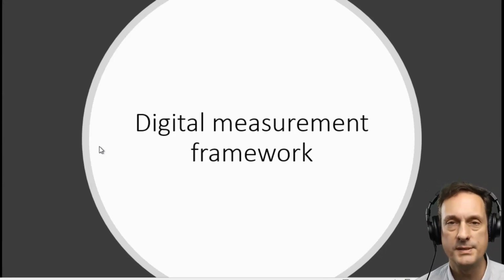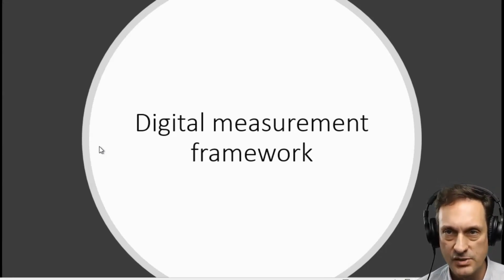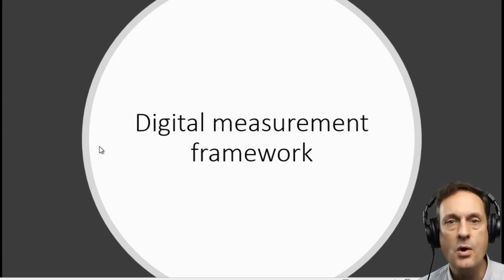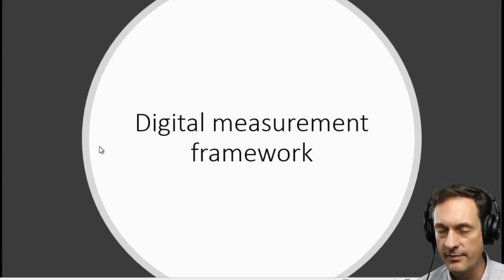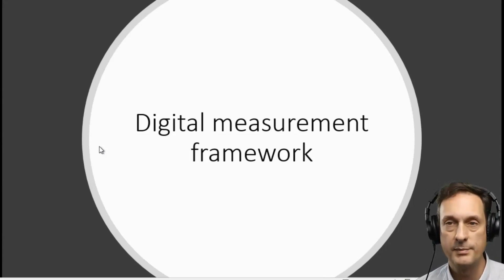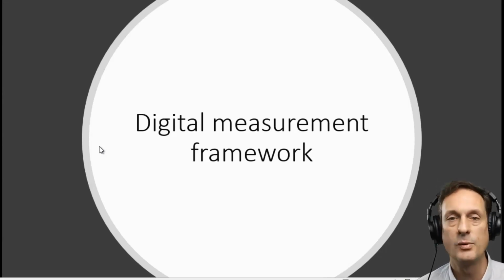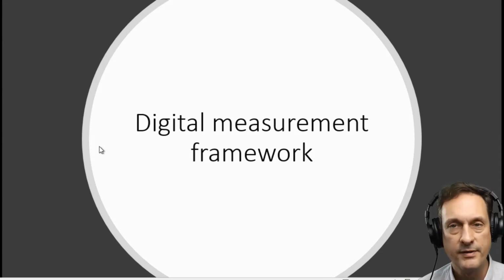Google put together a measurement plan as an example about their Google merchandise store. But I would say you don't need to have a store to have a good measurement plan. A perfectly fine measurement plan would be: we get people to our website, we get them to sign up to our newsletter. That's fine. We get people to our website, we get them to download a white paper, watch a video. That's fine.